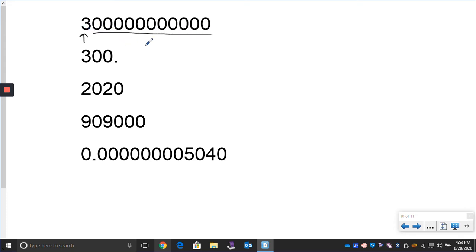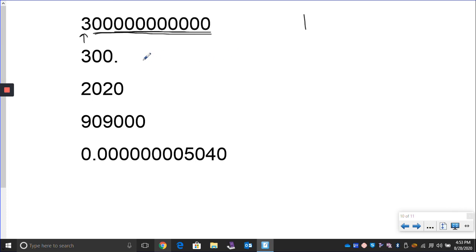Now, we only count trailing zeros if there's a decimal point. So if you do not see a decimal point, it's not there with sig figs. So these are all trailing zeros. I do not see a decimal point. I only have 1 significant figure. That's the only important number in that measurement.